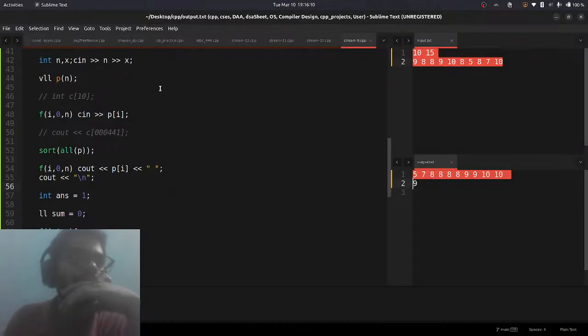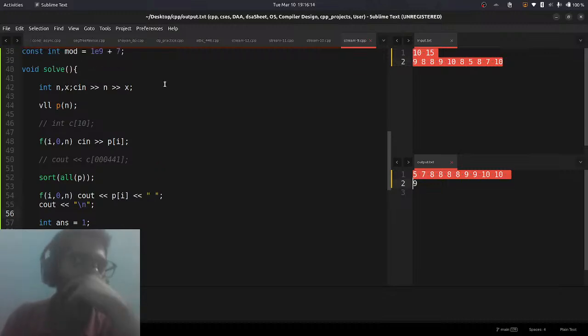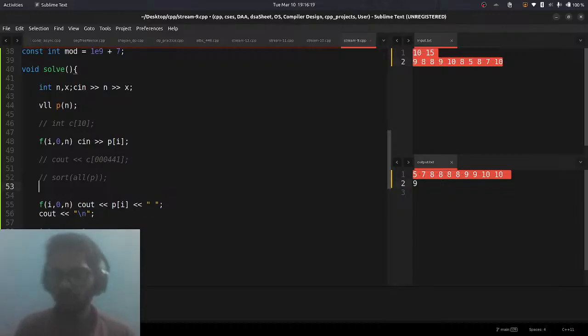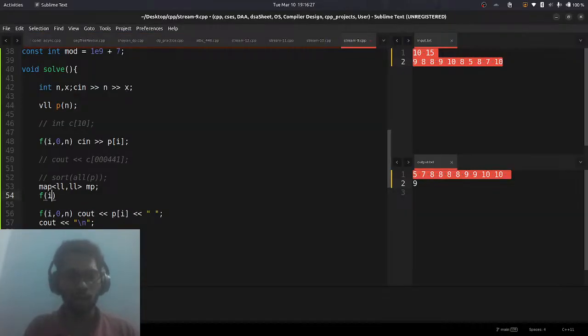Since I tried all the others, so why not this also? Okay, then I don't think we need to sort. It should work itself out. Okay, we need a map, and that map will have everything stored.